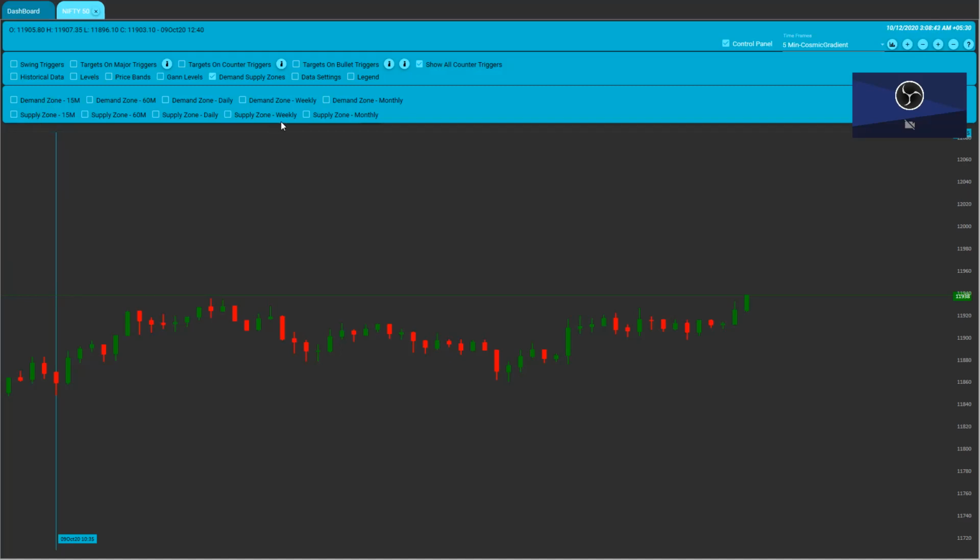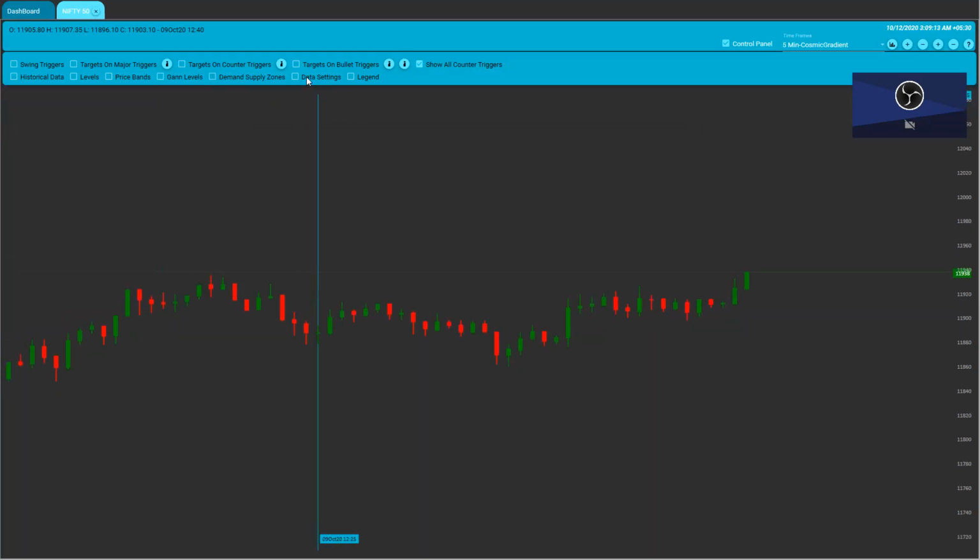These are dynamic levels, displayed at runtime. Whenever a new demand zone is developed, a new line will be displayed. And whenever any demand zone or supply zone has been broken, it will be reworked and displayed again. So demand zones and supply zones are also very important.